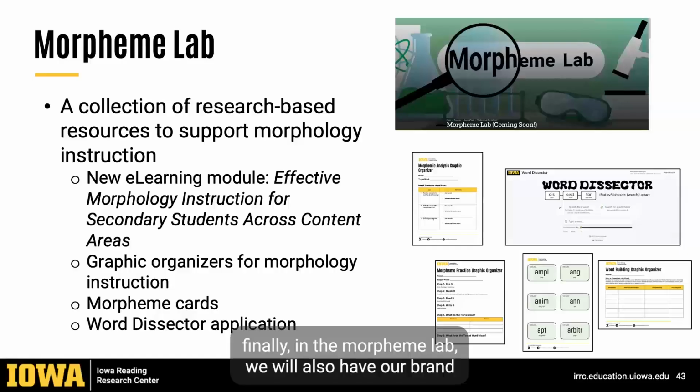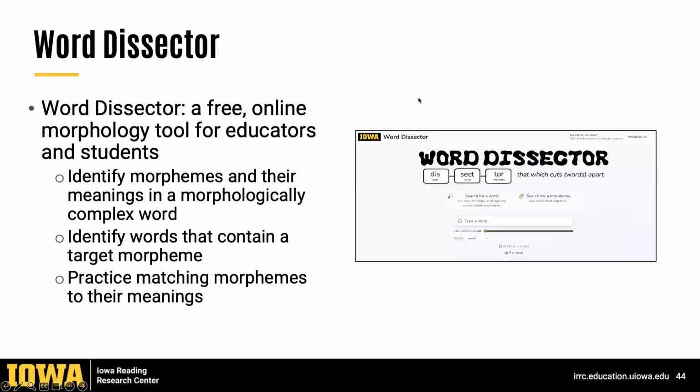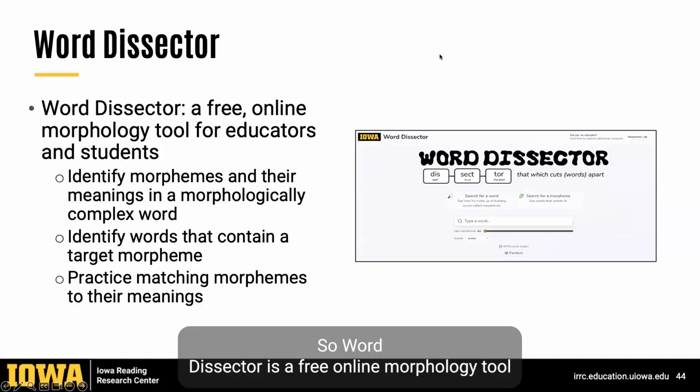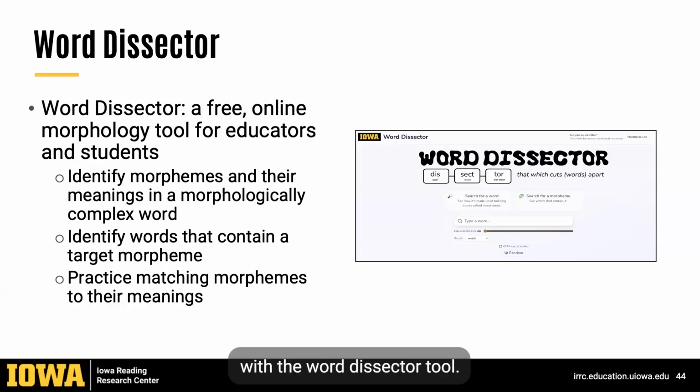And then finally, in the Morpheme Lab, we will also have our brand new word dissector application, which I will talk about now. So Word Dissector is a free online morphology tool that can be used by educators as well as their students. And there are 3 functions that can be completed with the Word Dissector tool.